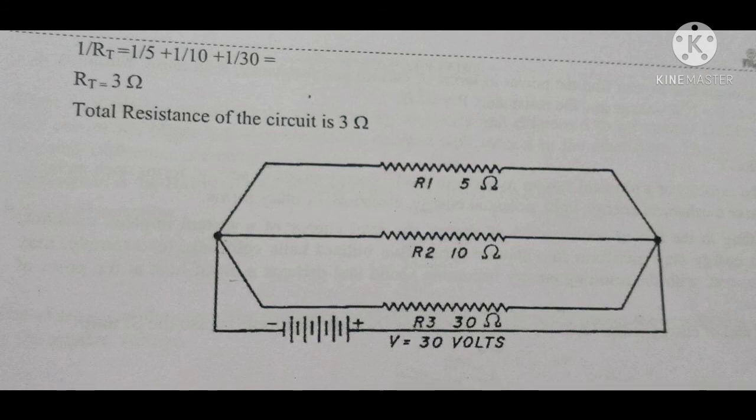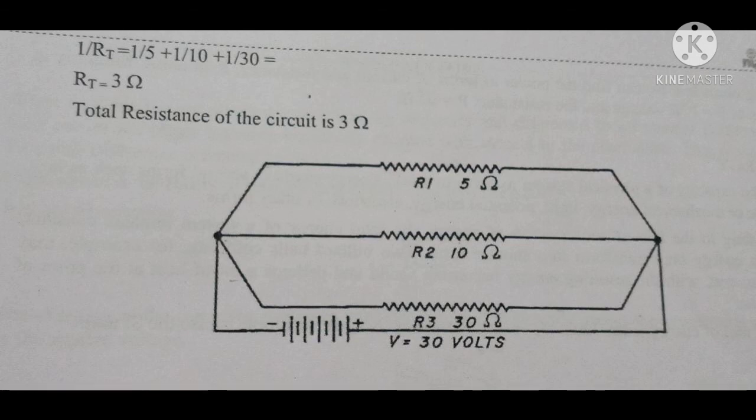Now let's see the example. 3 resistances of 5 ohms, 10 ohms, 30 ohms respectively are connected in parallel. When 30 volt is the applied voltage, what is the total resistance and total current?